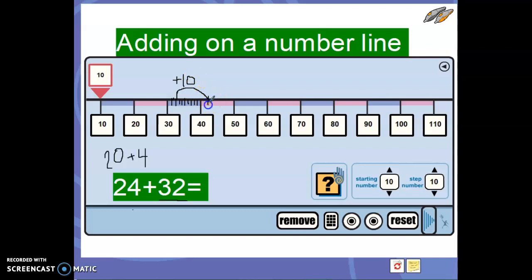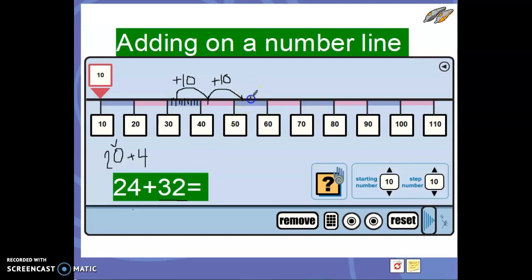So there's 42, and plus 10 more would get me to 52. I'm going to mark that. And then, so I've got my 20, and then if I want to add the 4, I can do 52 plus 4, and that's 2 ones and 4 ones, which gets me to 56.